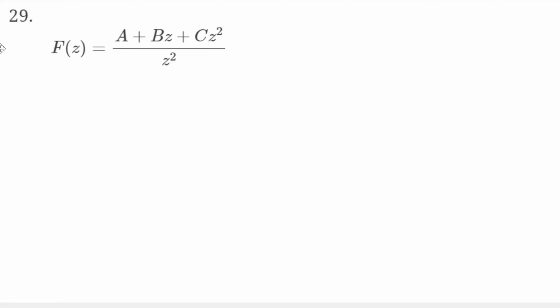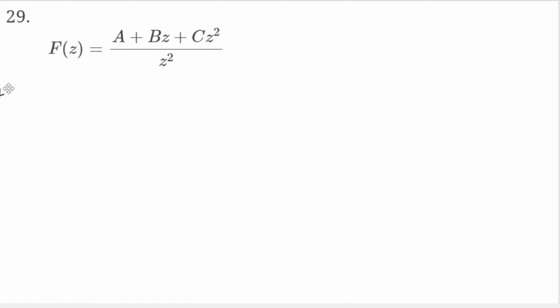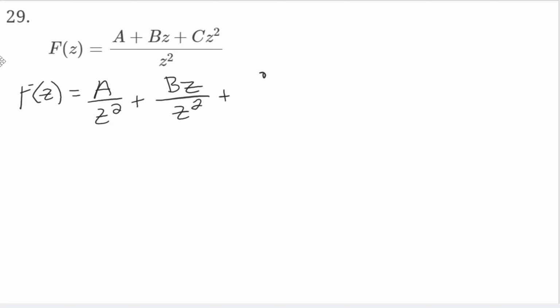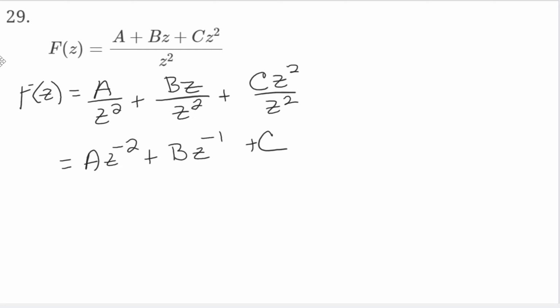The denominator can go under each of the pieces. So I have a over z squared plus bz over z squared plus cz squared over z squared. So that's a z to the negative second plus b z to the negative first plus c.